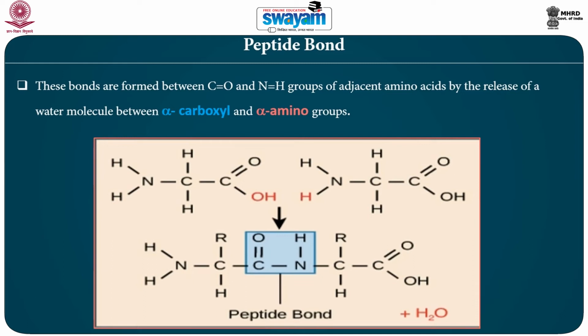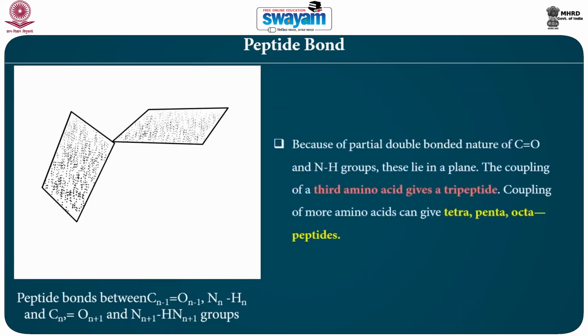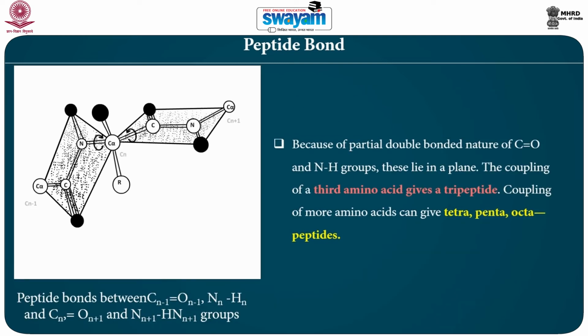groups. We can see here two amino acids, with CO, the oxygen, and NH3, the H2. These two combine and a water molecule goes away. What is left is C double bond O and NH.